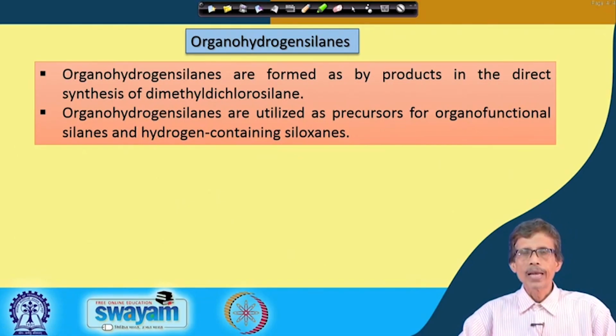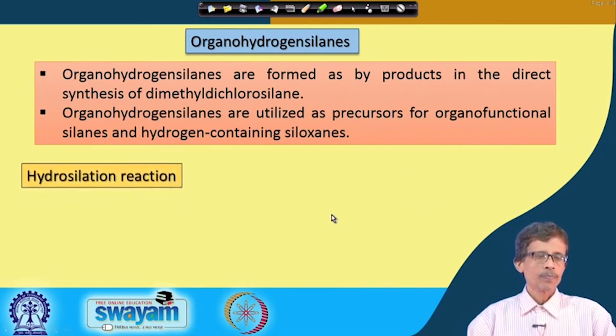So, siloxanes we can have, and if we are not able to remove all the hydrogens from the silane backbone, that means we are not destroying the silicon hydrogen bonds entirely, we can have some remaining compounds where the silicon hydrogen bonds are present.